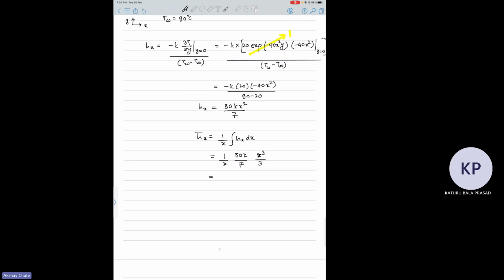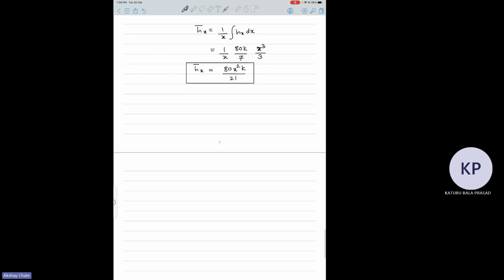Therefore you have 80 x square k by 21 as your average heat transfer coefficient expression. So if k is the thermal conductivity of fluid, if that is given, you can put it, but in this question it was not. So a similar approach is what you have to follow.